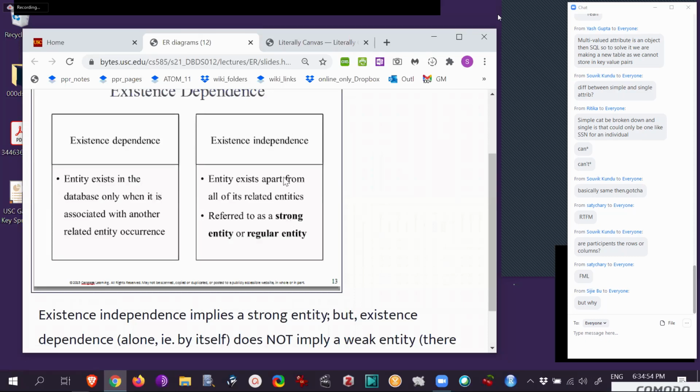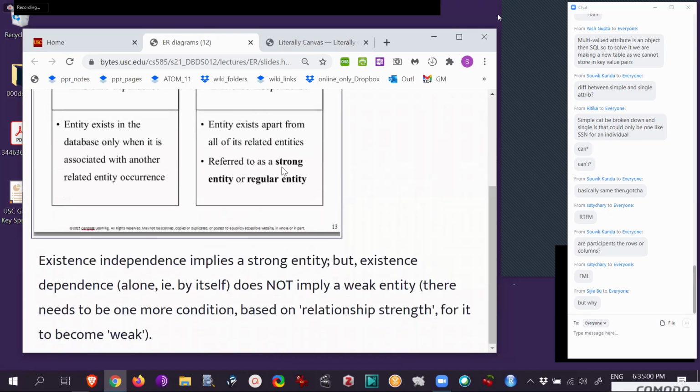So what makes something strong, aka regular? I'm going to tell you. Okay. Again, follow along carefully. It's not a hard concept, but don't assume what you think it is. Just wait till I tell you what it is. Existence independence implies strong. So that is what strong means. That is what existence independence means. It means I'm not dependent on somebody else.